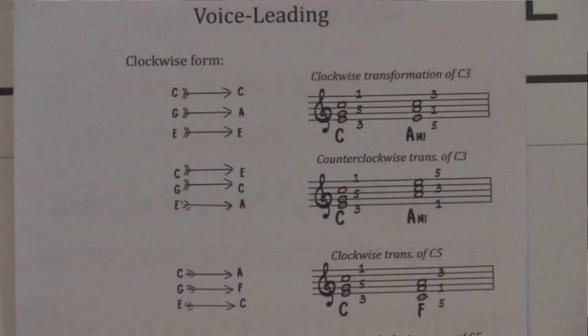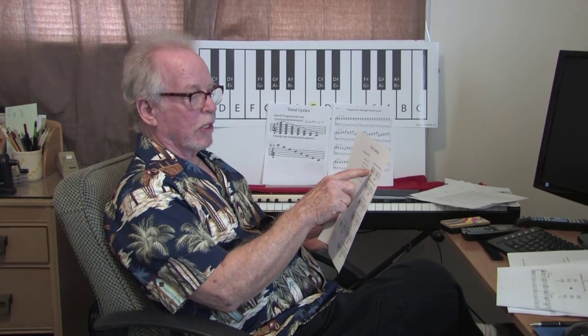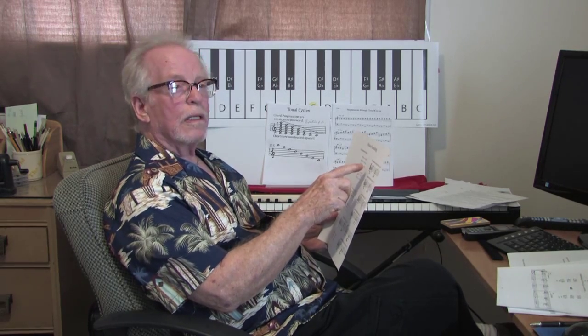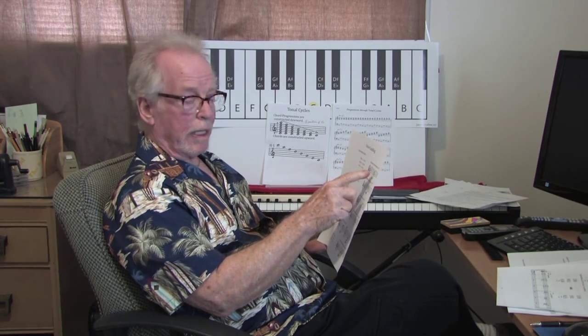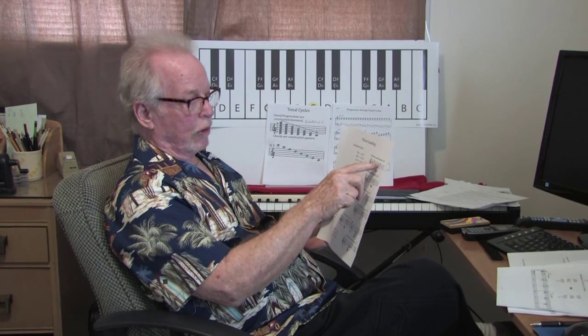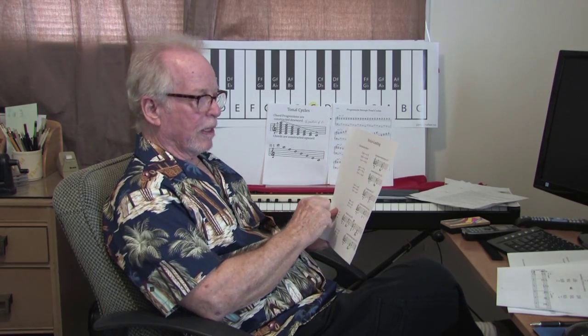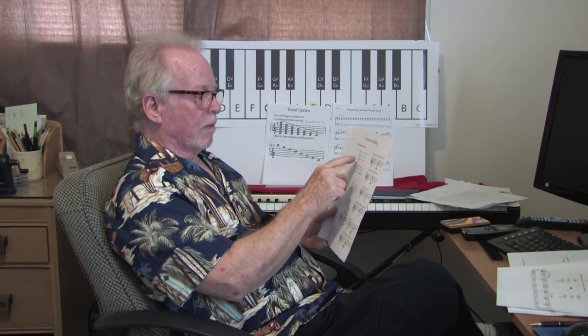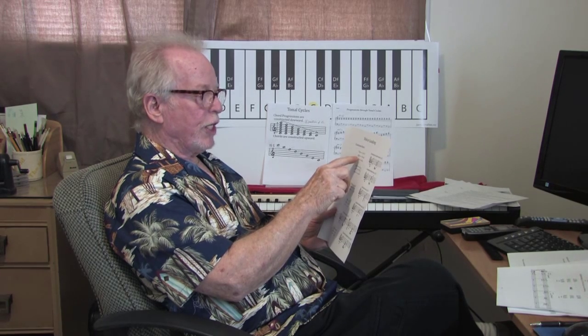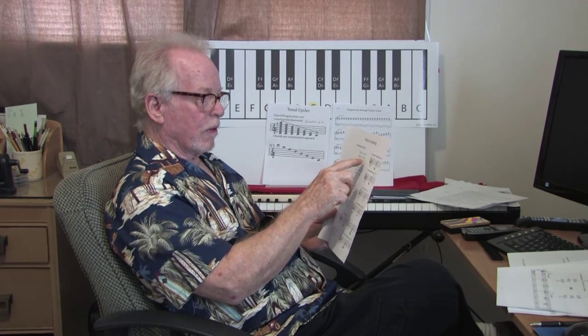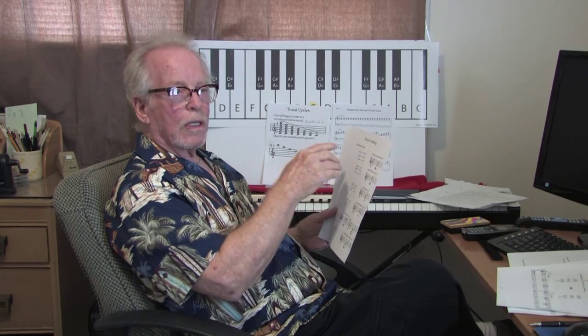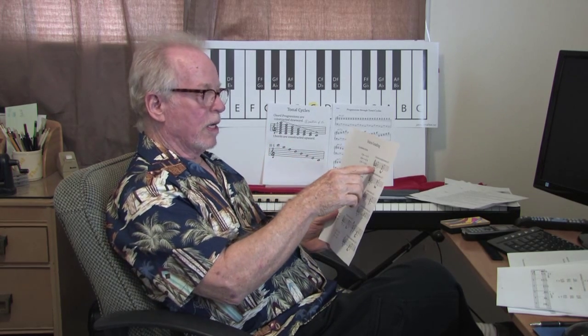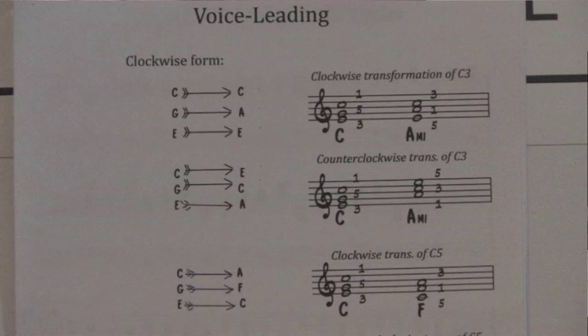So in clockwise form, your root is going to go to the third of A minor, which would be C. So you keep the root, you keep the common tone. Now, the G, the fifth, is going to go to the root of the A chord, which would be A. So G goes to A, and then the third will go to the fifth.